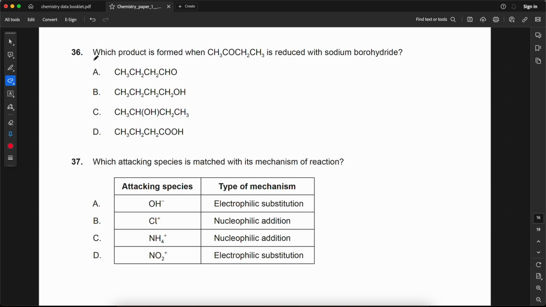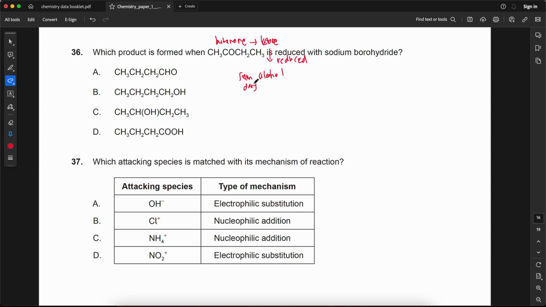Which product is formed when CH3COCH2CH3 is reduced with sodium borohydride? Okay, this one is actually butanone. It's a ketone. When a ketone is reduced, it becomes alcohol, but a secondary alcohol, because a primary alcohol, when it is oxidized, becomes aldehyde and then carboxylic acid, and when it is reduced, it goes back to aldehyde and then primary alcohol.